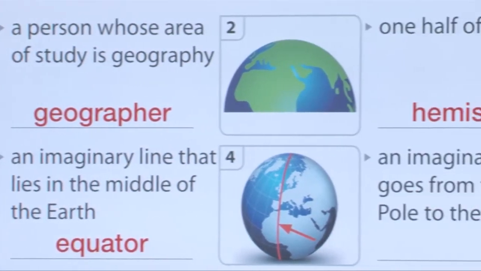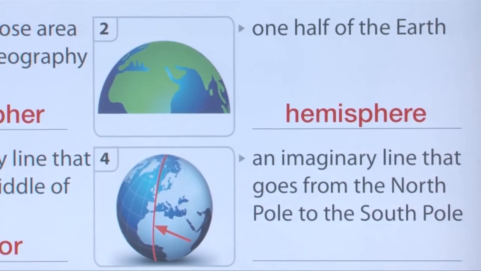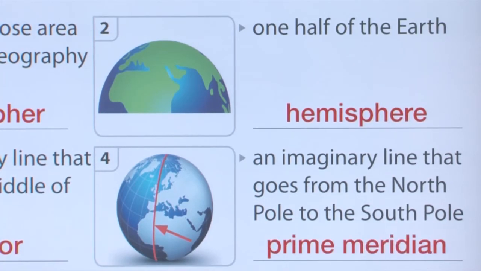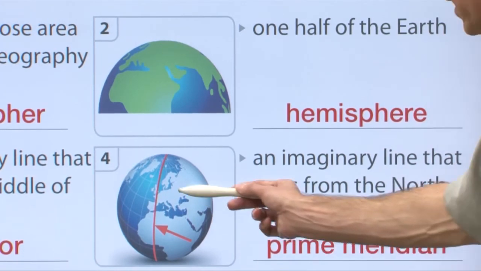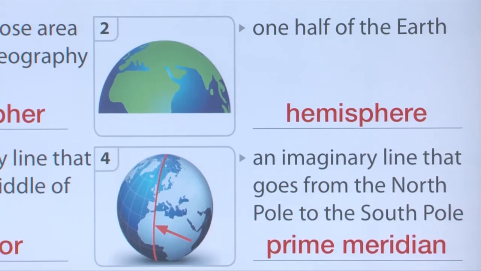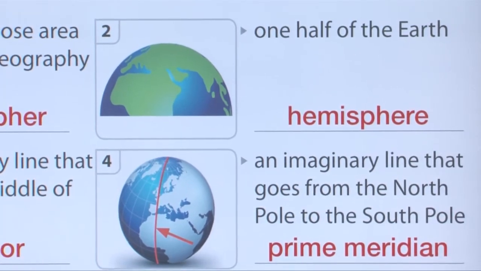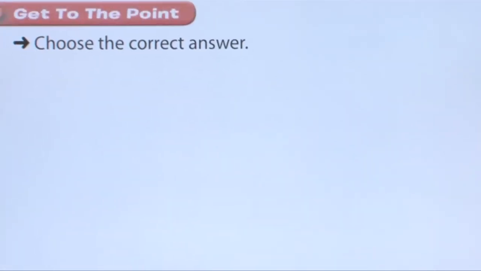And picture number 4, an imaginary line that goes from the North Pole to the South Pole. It's called the prime meridian. And it goes exactly through Greenwich, England, at that spot. There's only one line that does that. Hey, very good for the vocabulary.